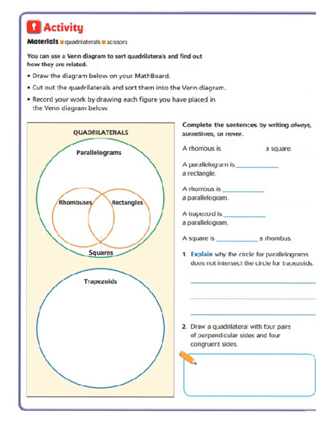It says to complete the sentences by writing always, sometimes, or never. So a rhombus is sometimes a square. A parallelogram is sometimes a rectangle.